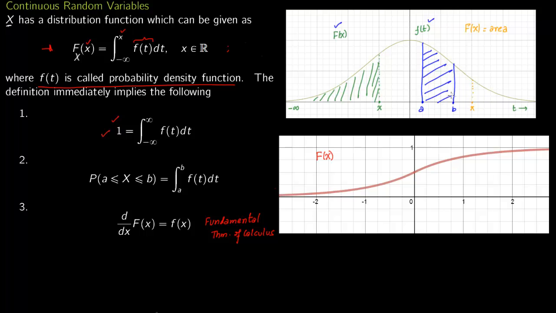So this is the shaded area that this random variable x will lie between A and B. So that is what this means. So this is integral from A to B of f of t dt.